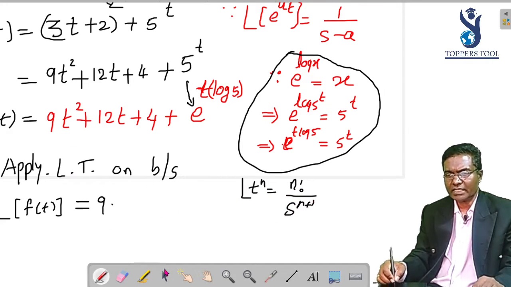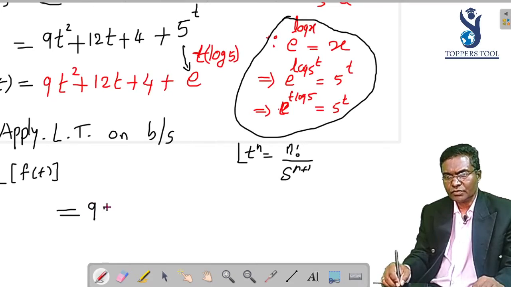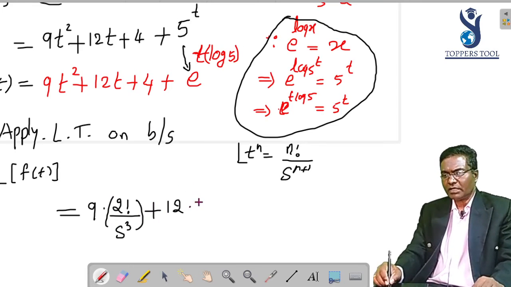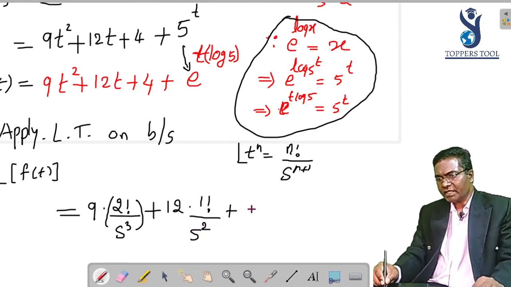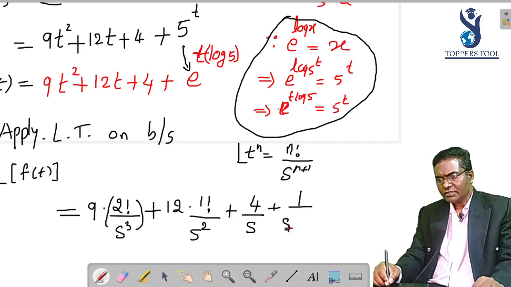Using that, L of f of t is equal to 9 into 2 factorial by s cube plus 12 into Laplace transform of t power 1, so you can write 1 factorial by s square, plus 4, Laplace transform of any constant, by s, and Laplace transform of e power at is 1 by s minus a. So 1 by s minus log 5.